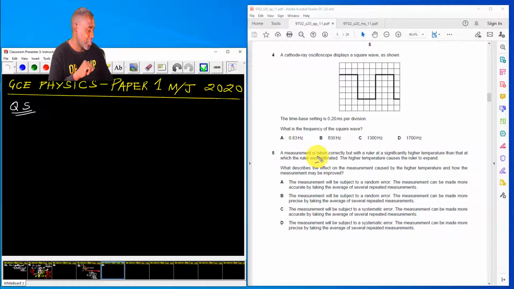We cannot improve a systematic error by taking repeat measurements and finding averages.